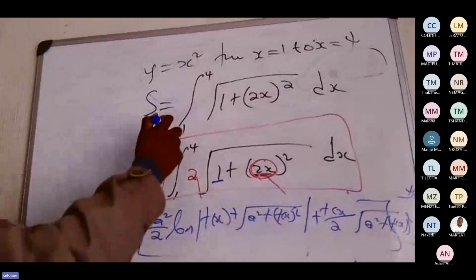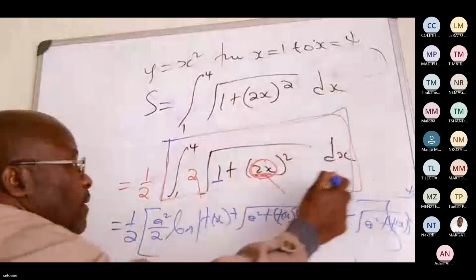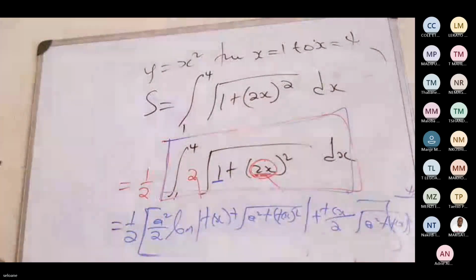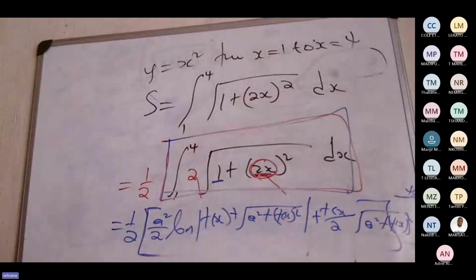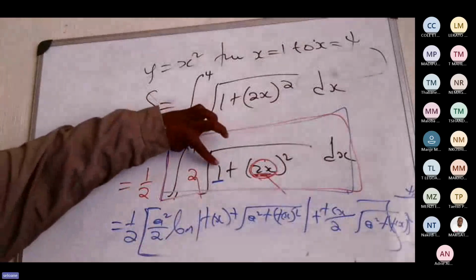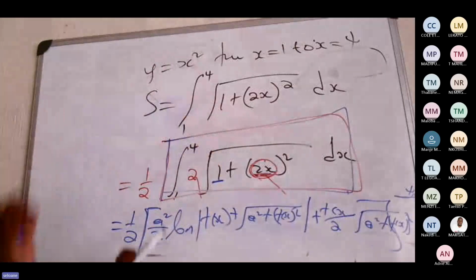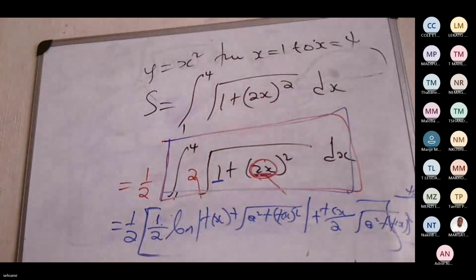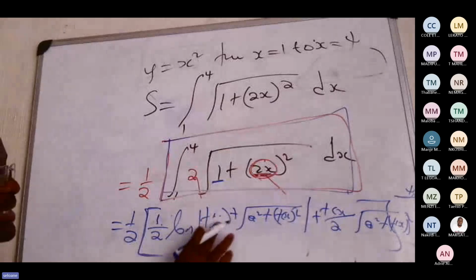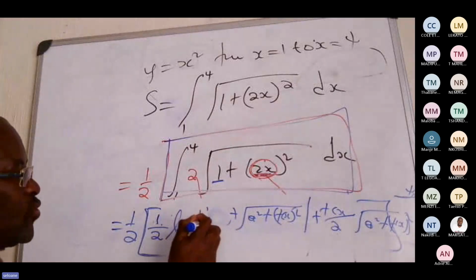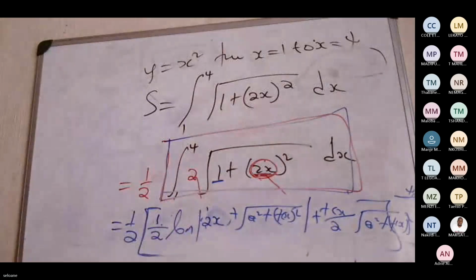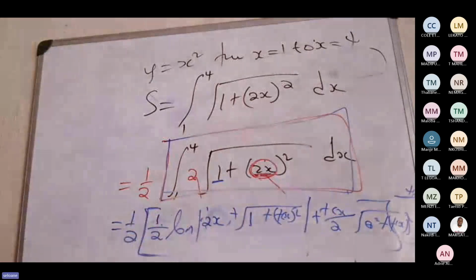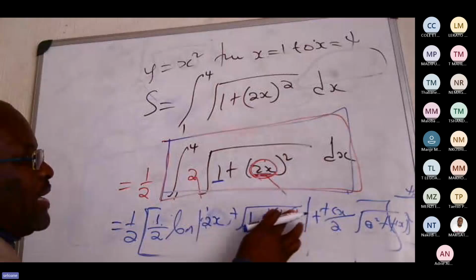The answer for this, you just have to plug it in here. What is a? A squared is 1. Therefore this will now be 1. Now, what is f of x? F of x is 2x. What is f of x here?